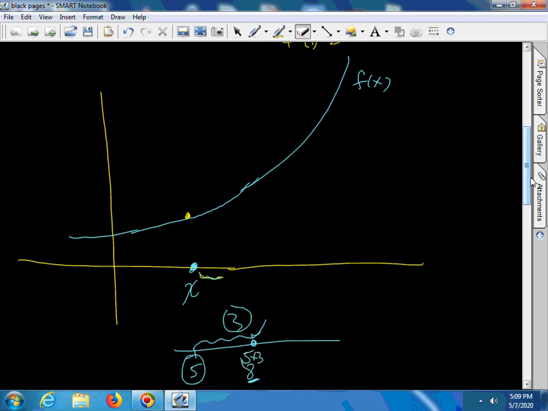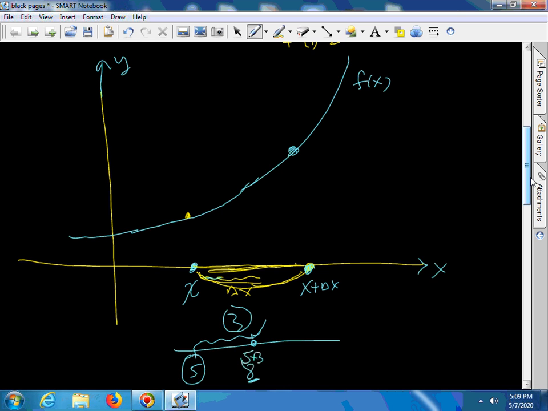Let's suppose that distance is delta x. Let's even go further. Over here, this distance is delta x. The point right over here is going to be x plus delta x. That point is right here.